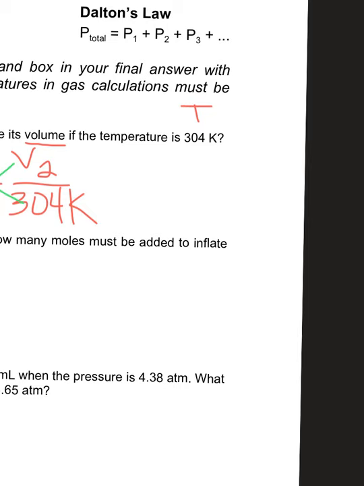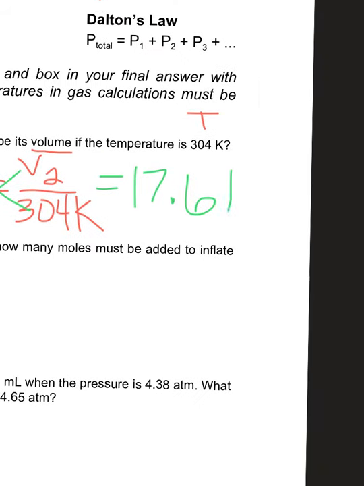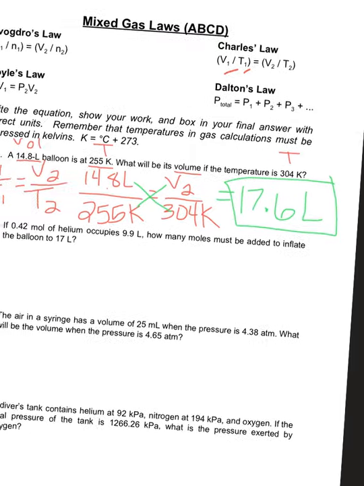And we come up with 17.6. What is our unit? It's asking us about volume. What is our unit for volume in this case? Liters. 17.6 liters. Easy as that.